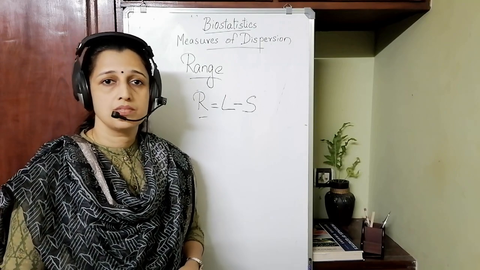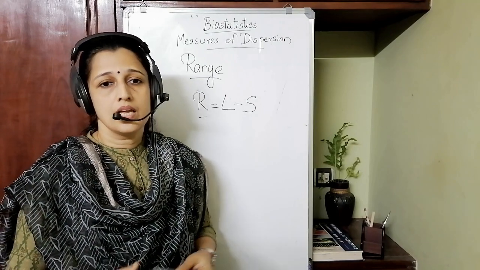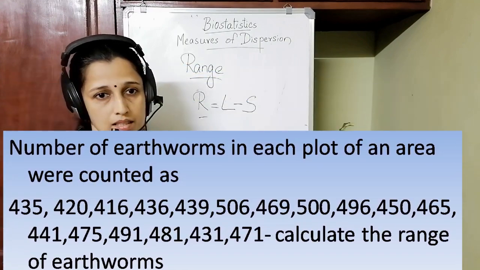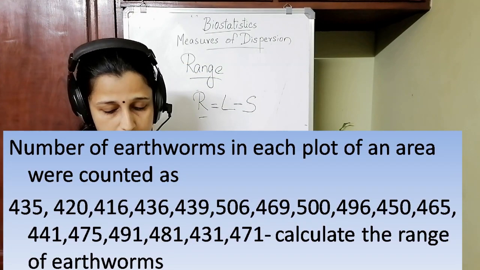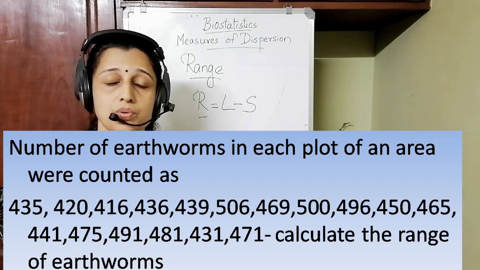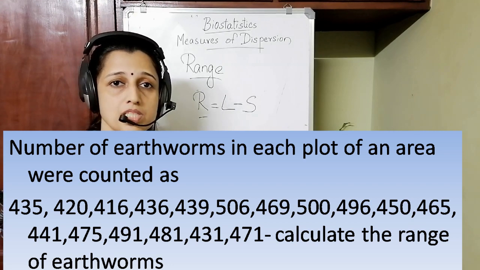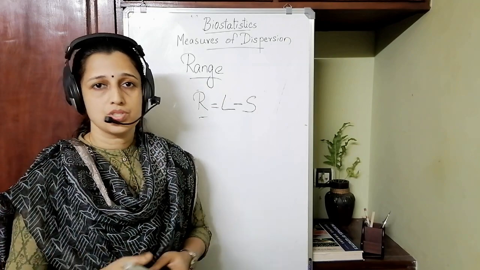Let's see a question which is given here, which shows the number of earthworms in a plot. From this data, the first step is to arrange the data from the smallest value to the largest one.